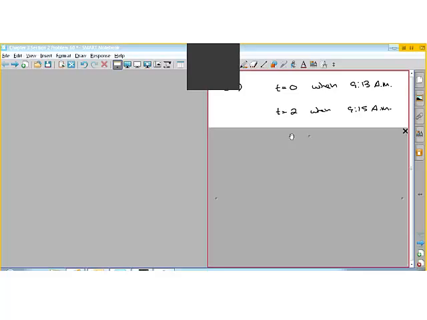Okay, problem 60 is very similar to problem 58. It's the same kind of thought process. This is at a time of 0 seconds. We're going to say 0 seconds is at 9:13 a.m. Time is 0 minutes.